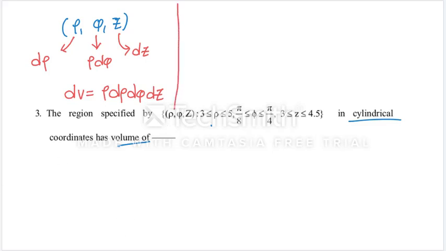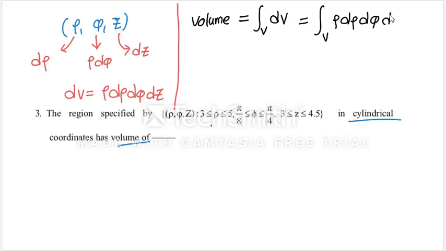From this, how can I get the volume? The volume is the integration of dv, which is rho d rho d phi dz.